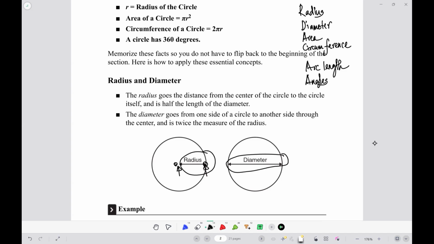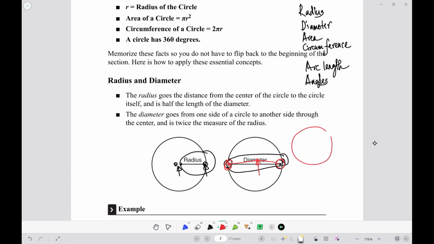But the diameter is the distance from one point to another point, going through the center. This is the center. And to measure the diameter, we must cross the center point of the circle.